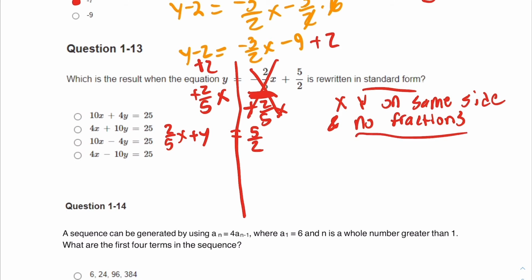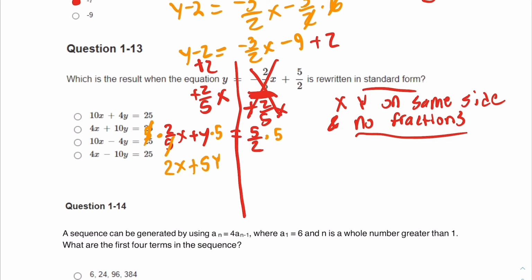Then we need to make sure that there are no fractions, and to get rid of the fractions, we need to multiply by whatever is in the denominator. So since there's a 5 on the bottom of a fraction, we need to multiply by 5 to each piece. When we multiply by the 5, it makes the fraction on x go away, leaving you with 2x. 5 times y makes 5y.